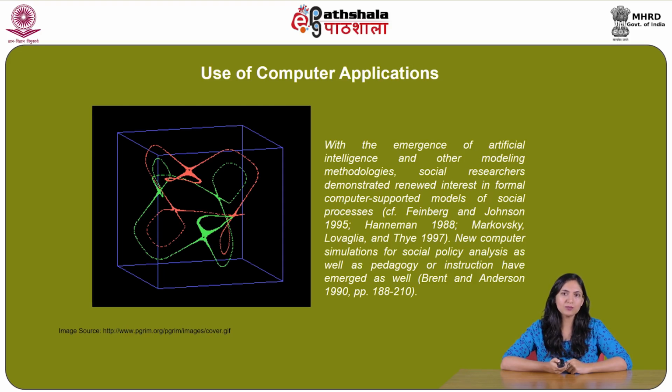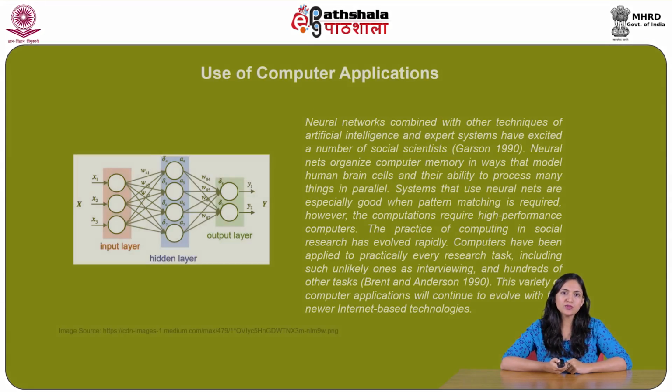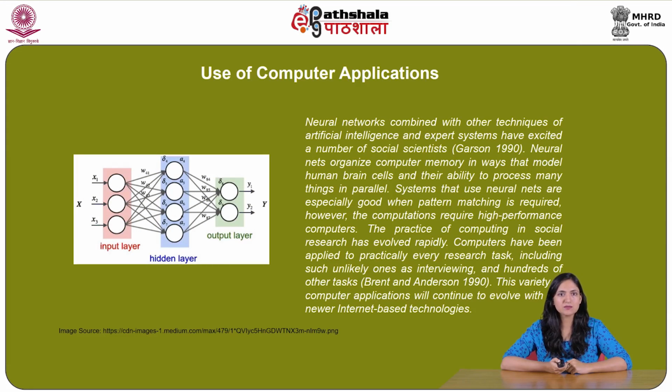Neural networks combined with the techniques of artificial intelligence and expert systems have excited a number of social scientists to work in this area. Neural nets organize computer memory in ways that model human brain cells and their ability to process many things in parallel. Systems that use neural nets are especially good when pattern matching is required. However, the computations require high performance computers.